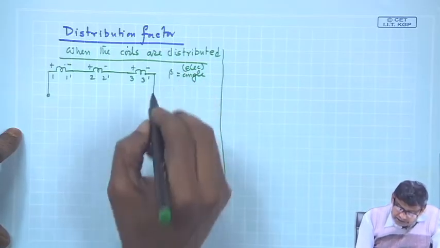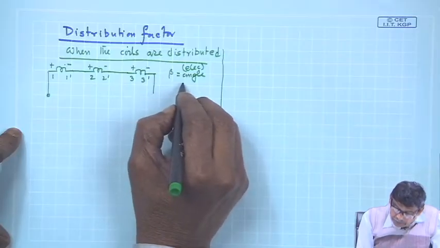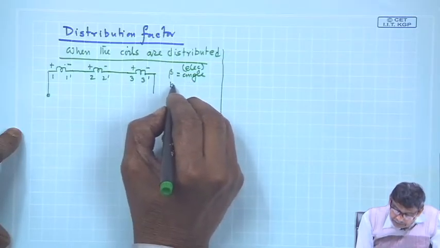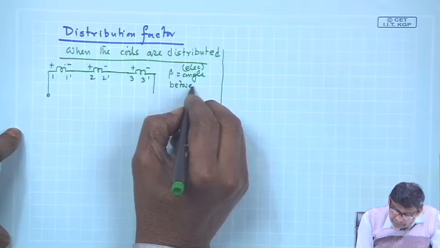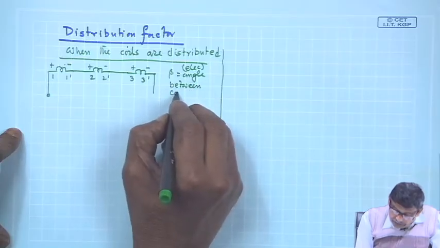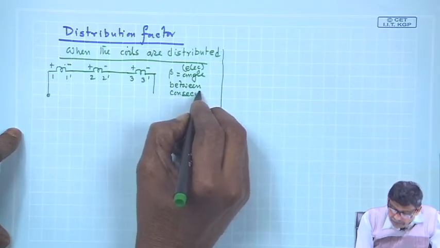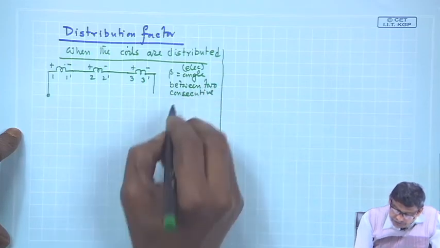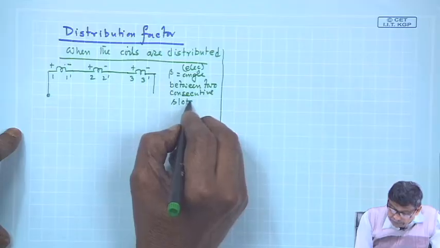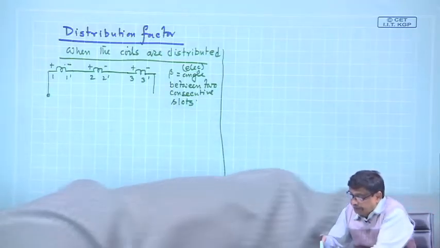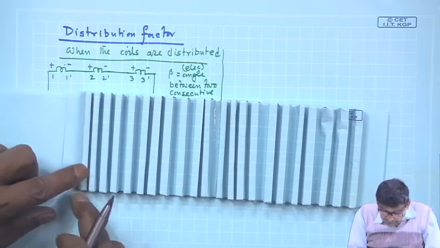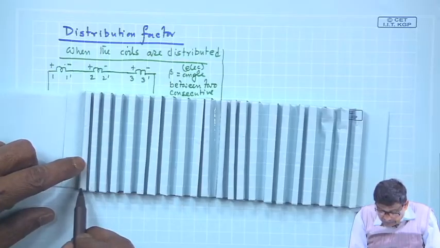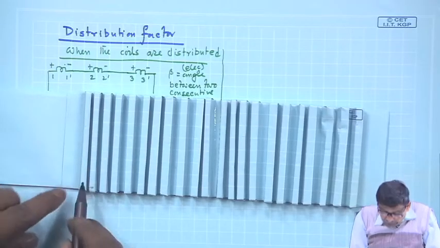So, beta electrical angle is equal to the angle between 2 consecutive slots, that is this one, this angle between 2 consecutive slots.